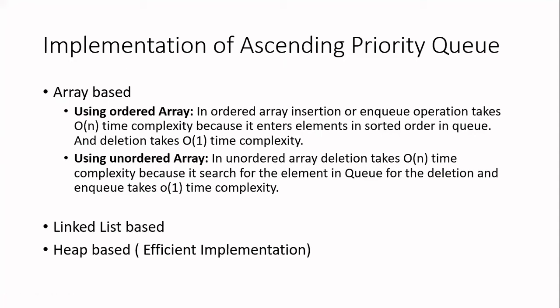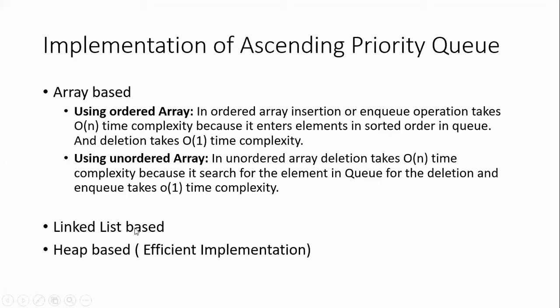So now let us consider how to implement this priority queue. Generally, if you want to implement a normal queue, you have two different methods. One is array-based implementation and the other is linked list-based implementation. So far, we are focusing only on the array-based implementation in all the things, whether it is stack or queue. Here, to implement the priority queue, you have three different methods. First method is array-based implementation.